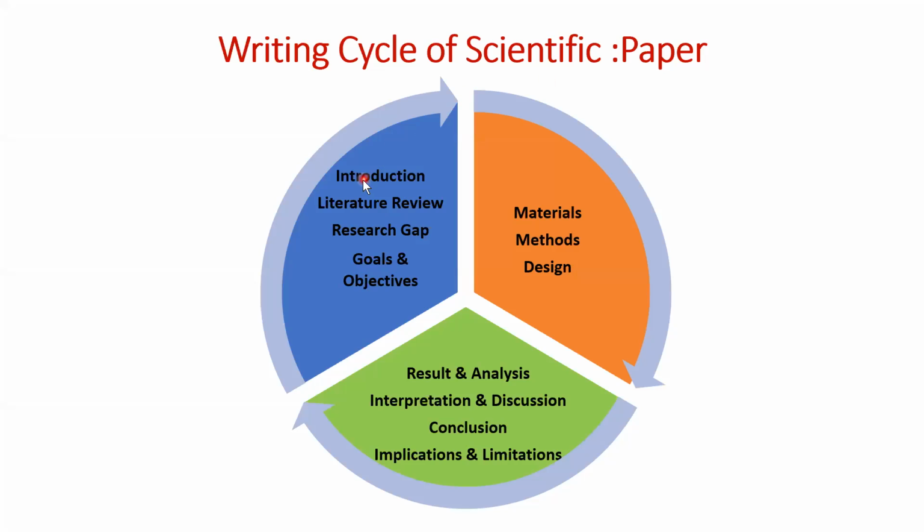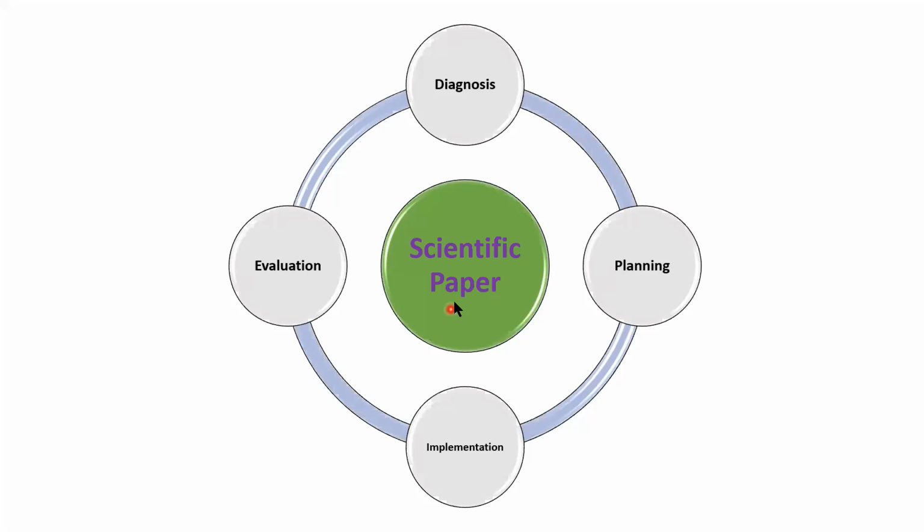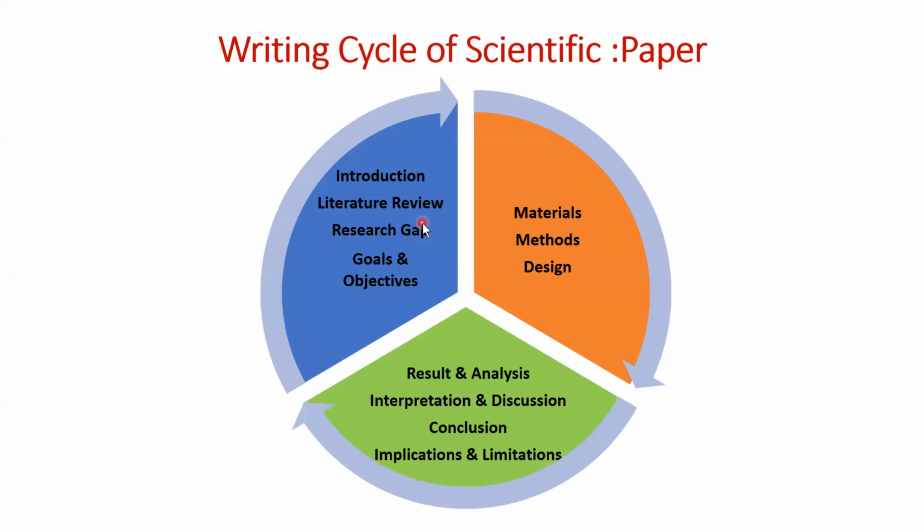So this is the writing cycle. So you have introduction, you have review of literature, you have research gaps, goals, objectives. तो ये सारा कुछ जो आपने डायग्नोसिस में देखा, जो प्लानिंग में देखा, वो सारा कुछ जो है आपका इंट्रोडक्शन, लिटरेचर रिव्यू, रिसर्च गैप इसके अंदर आ गया। तो कोई भी साइंटिफिक राइटिंग, so you are writing a research paper or thesis, so you have to give all these diagnoses and the planning in this part.